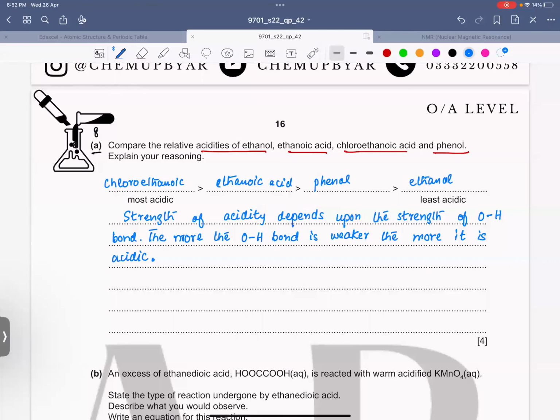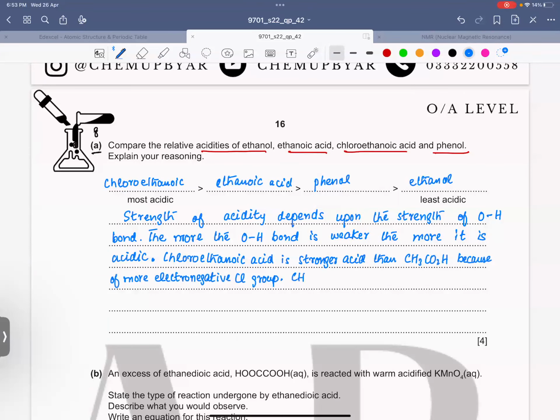So I can write that chloroethanoic acid is a stronger acid than ethanoic acid because of the more electronegative chlorine group.